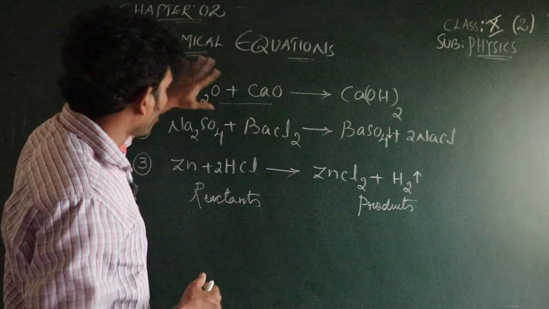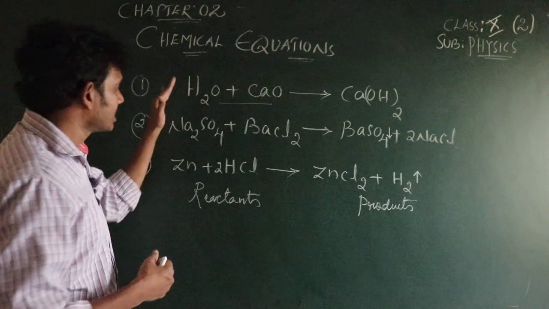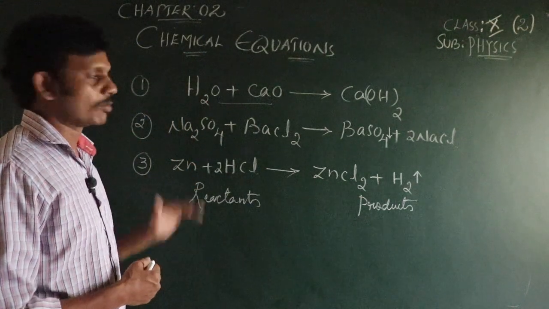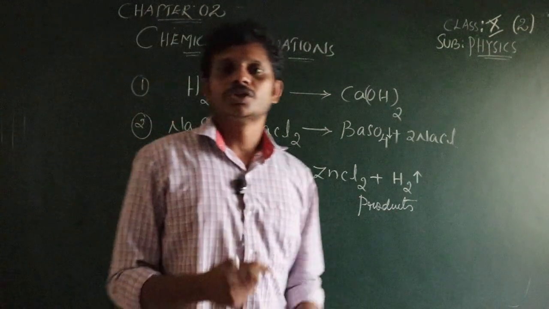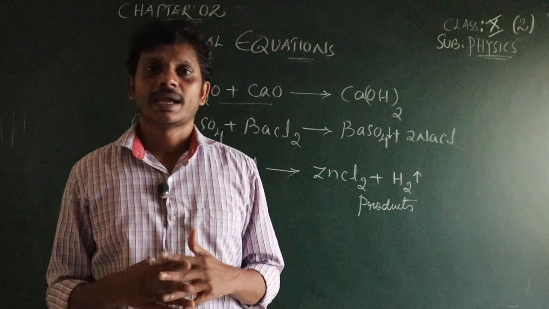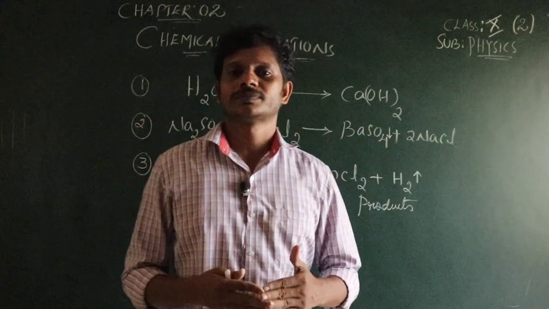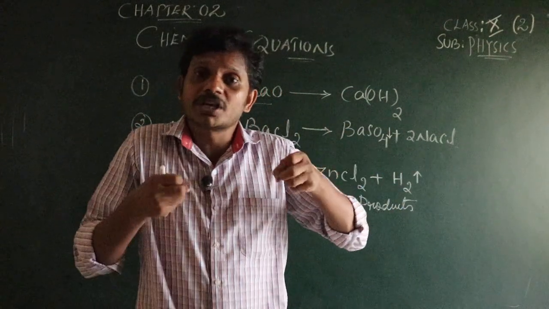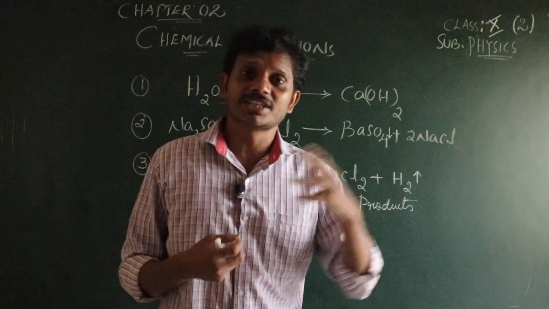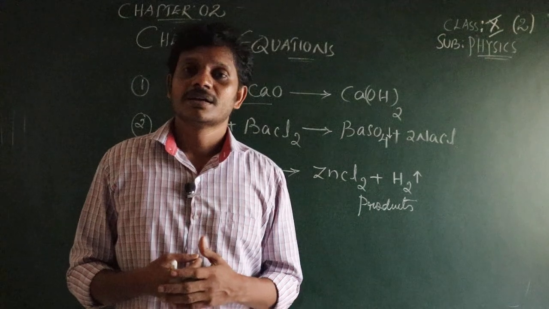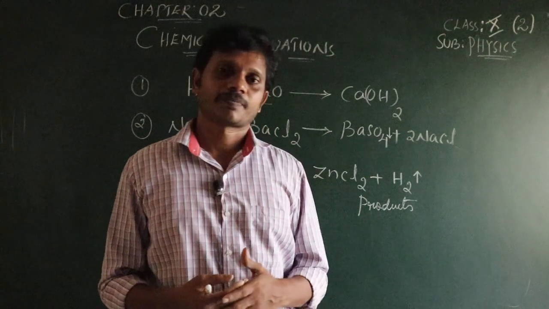Okay, so from all these activities, all these chemical equations, we can say during a chemical reaction, heat may be evolved or heat may be absorbed. If heat is evolved, if heat is released, that is an exothermic reaction.